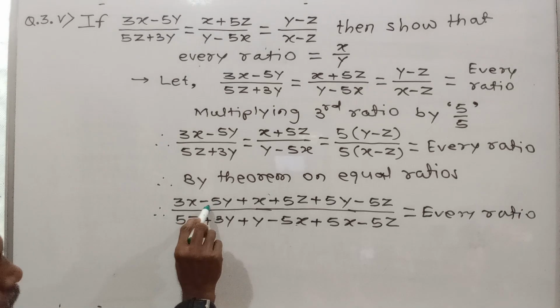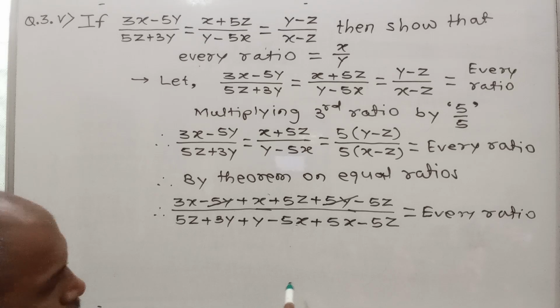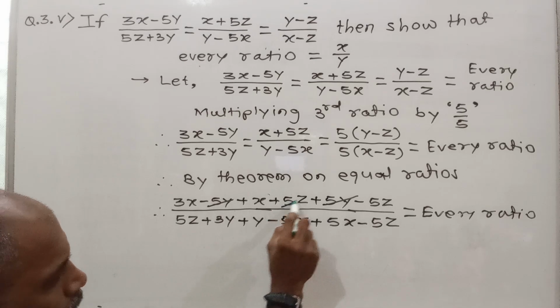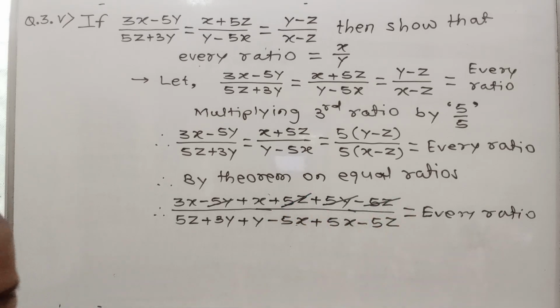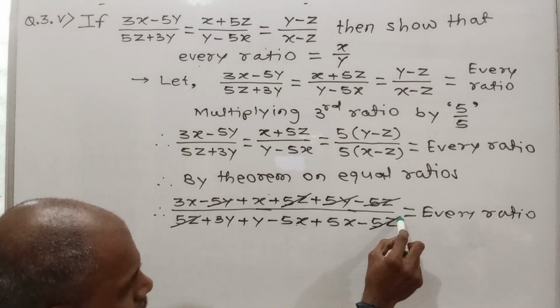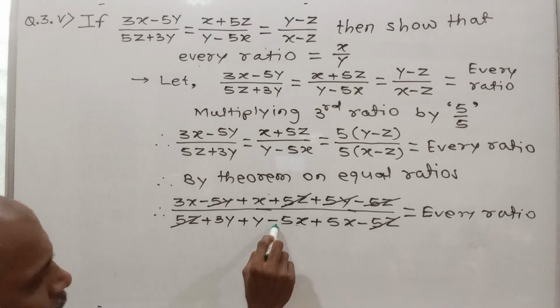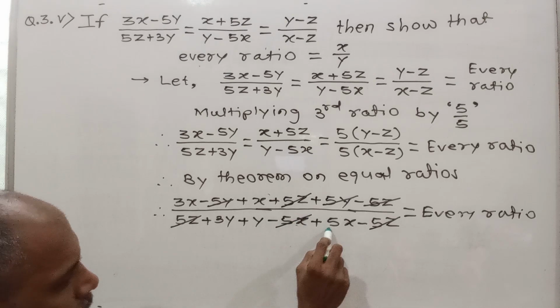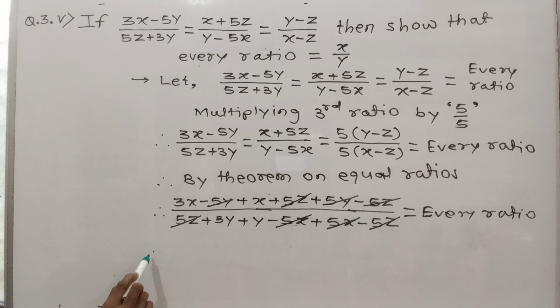See this, minus 5y plus 5y cancel, plus 5z minus 5z cancel, here plus 5z minus 5z cancel, minus 5x plus 5x cancel.